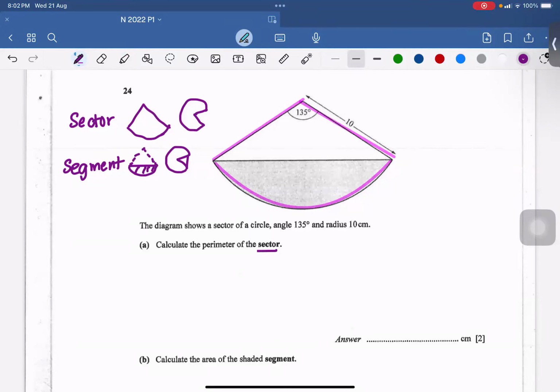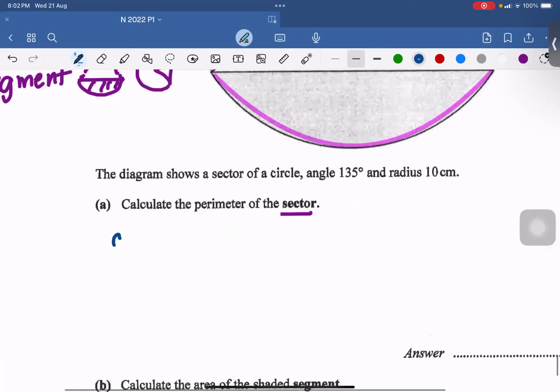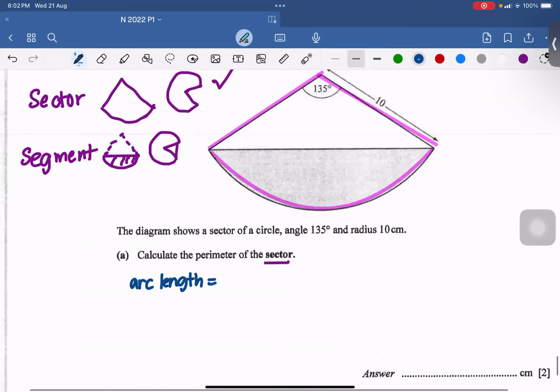Okay, so they want the perimeter of the sector. So meaning it's this one, right? In this case, we will have the perimeter. We find the arc length first. So the first one, we find arc length to be equals to theta over 360, 135 over 360.